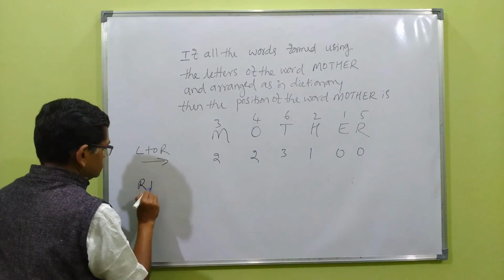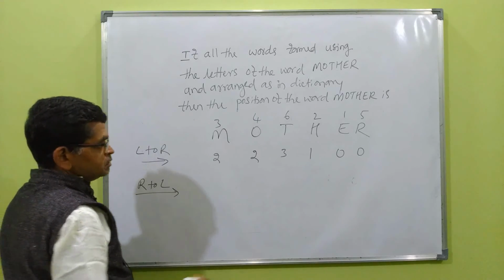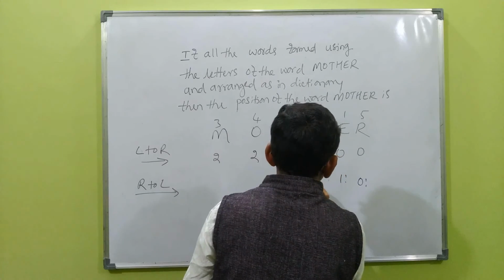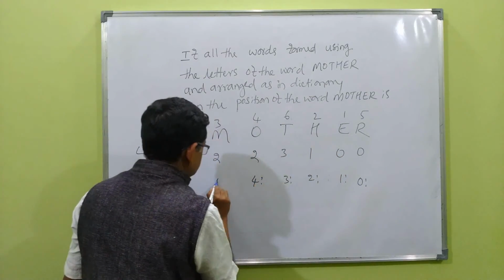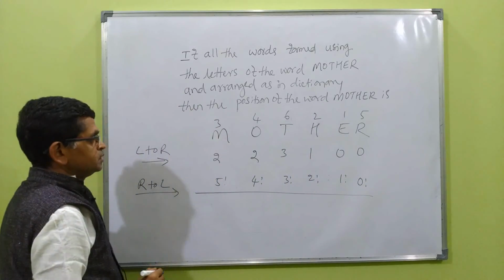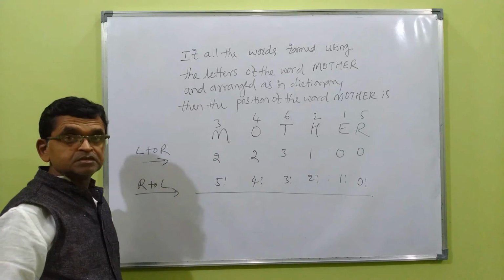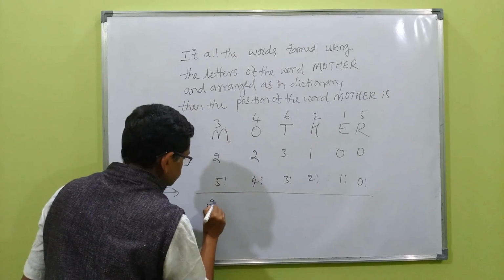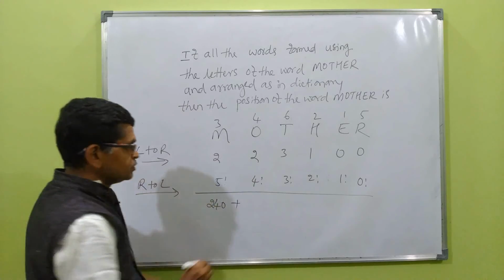And right to left is 0 factorial, 1 factorial, 3 factorial and 5 factorial. So this is 2 into 5 factorial. 5 factorial means 120, isn't it? So 240 it is. Plus this is 24 into 2, 48.